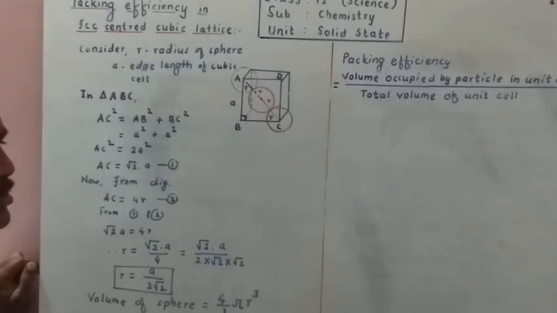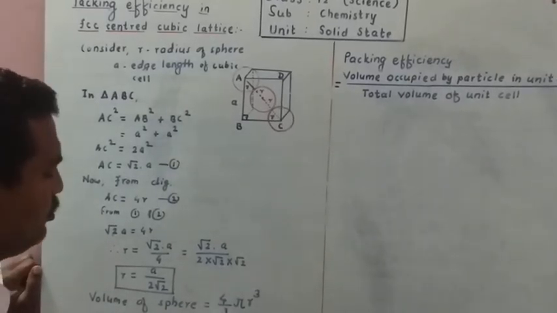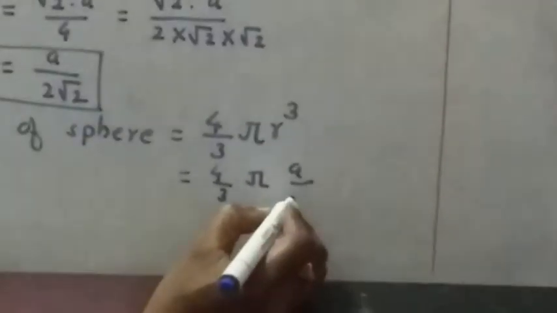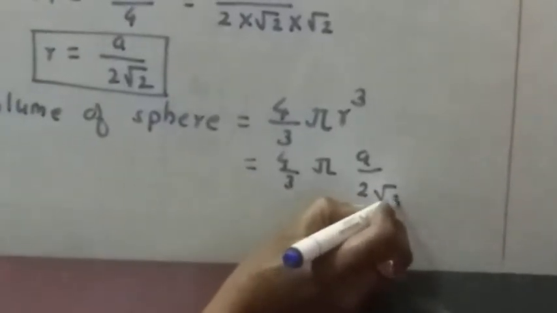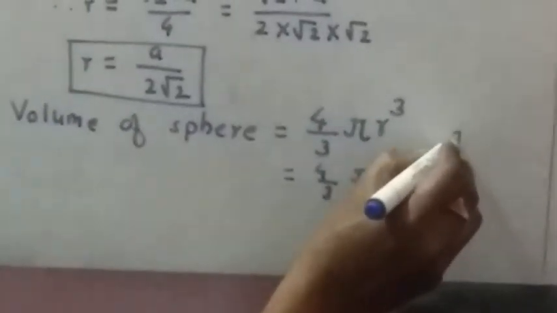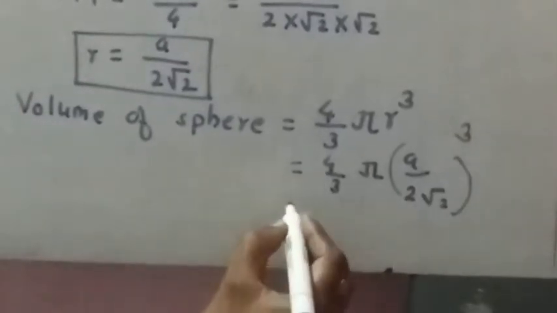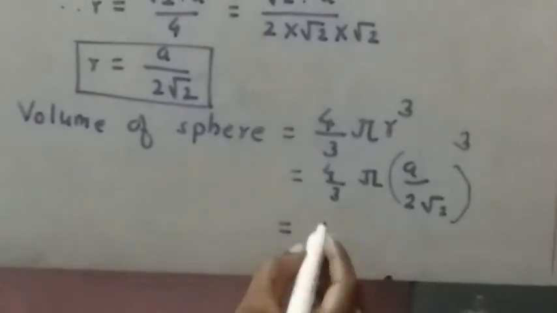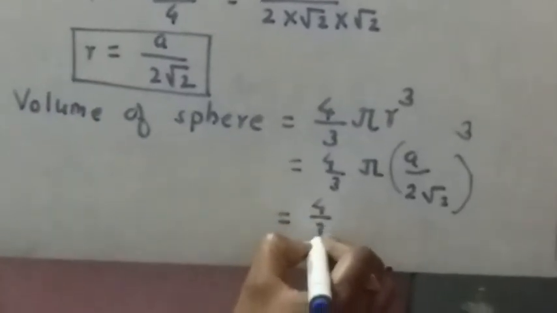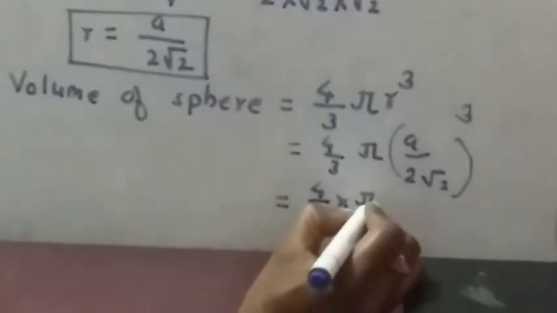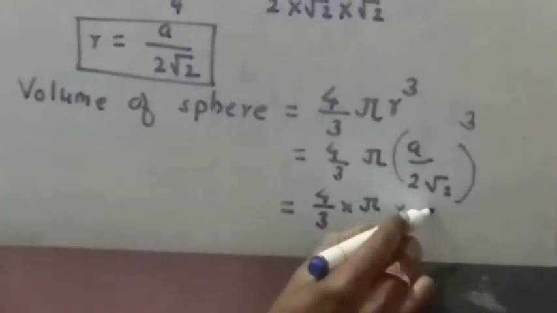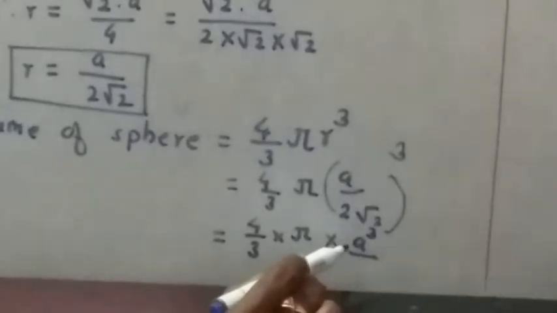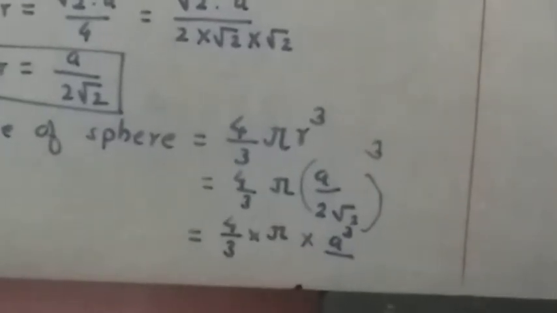So it will be 4 by 3 pi, a upon 2 root 2, brackets cube. So it will be 4 by 3 into pi into a cube upon the cube of 2 root 2.